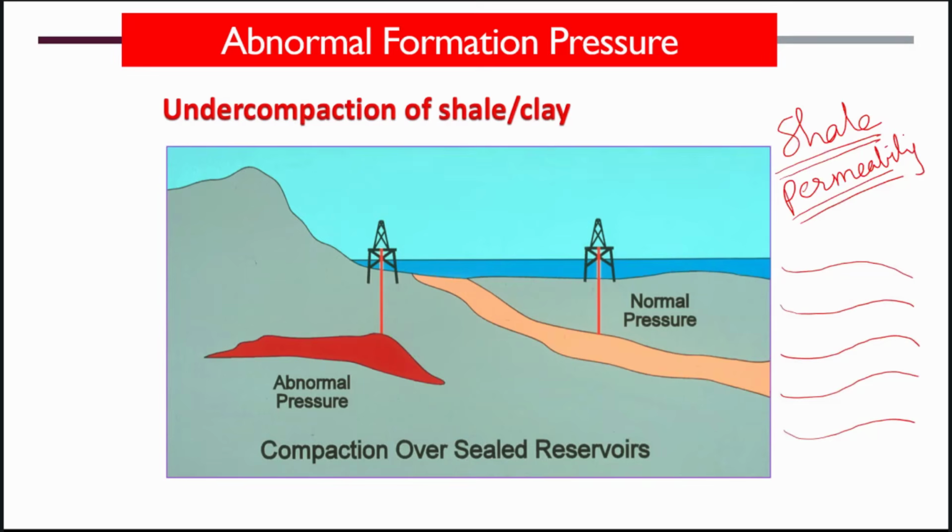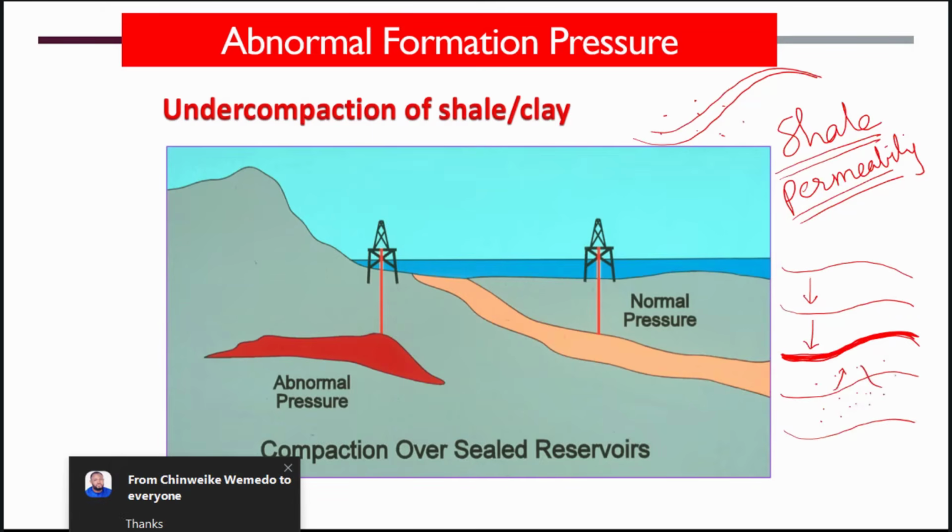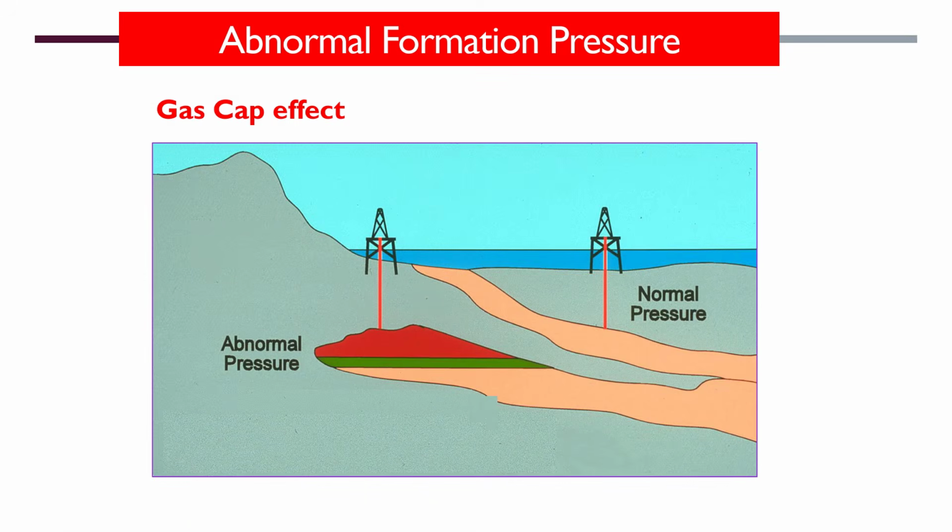The fluid present in the rocks doesn't have a path, a road from where it can flow, so it is like impermeable. If you have shale in this layer, because of the overburden pressure of the formation above, all the formation fluid present here will be squeezed and will try to rise up.